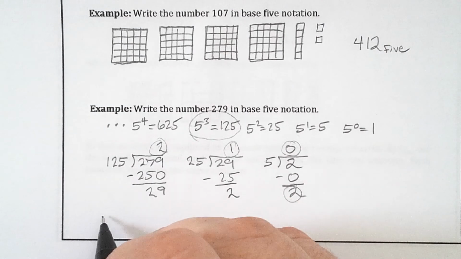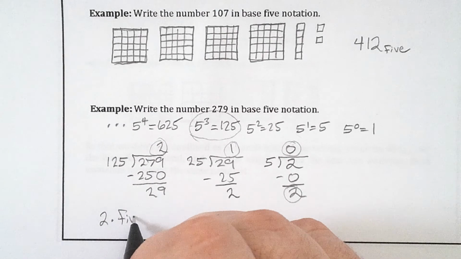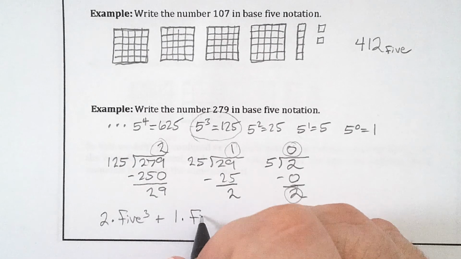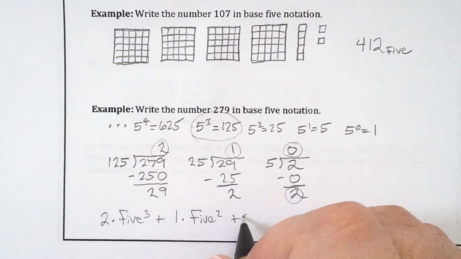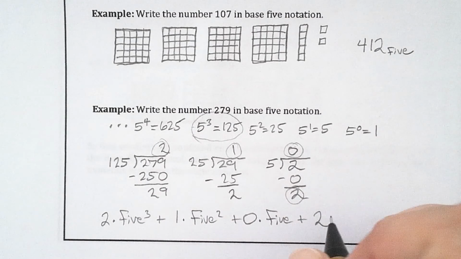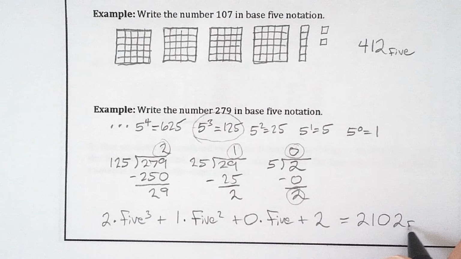And what I have here again is 2 times 5 cubed plus 1 times 5 squared plus 0 times 5 plus 2, which is 2, 1, 0, 2, base 5.